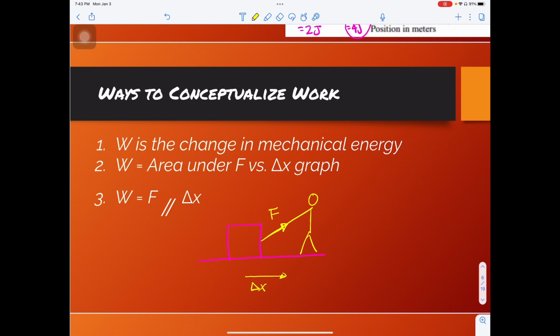And so in order to calculate the work, I have to look at the component of F in the X direction. And so when I look at trig, I know that work is going to be F times the cosine of theta times delta x. And the reason why it's cosine of theta is because this is the component of F in the x direction. Okay, remember SOHCAHTOA, A for adjacent, and that's what we've got here. This is the adjacent or attached side to the angle theta.